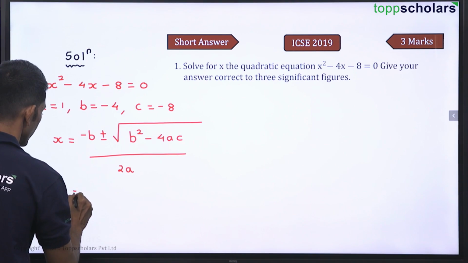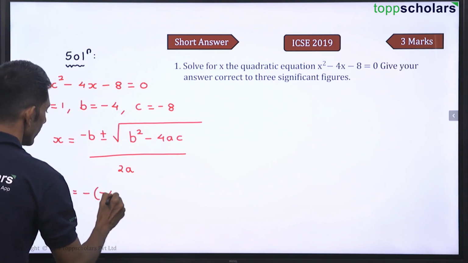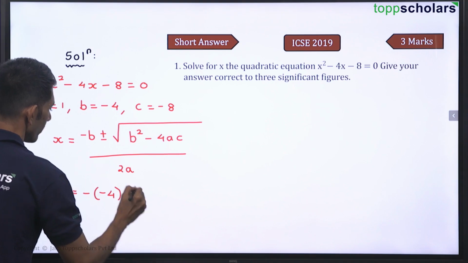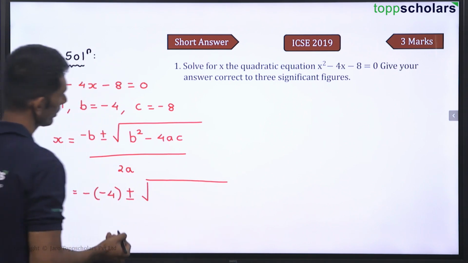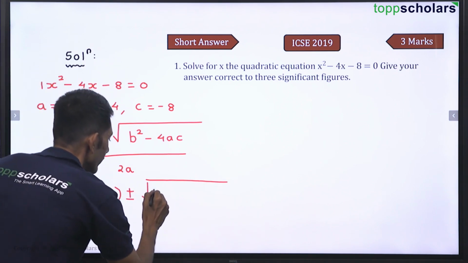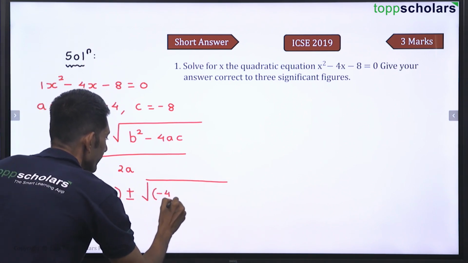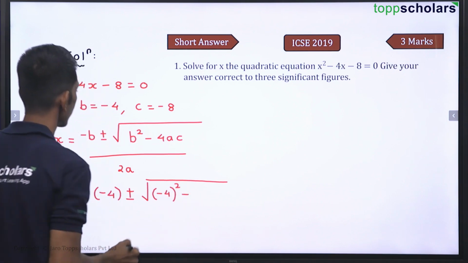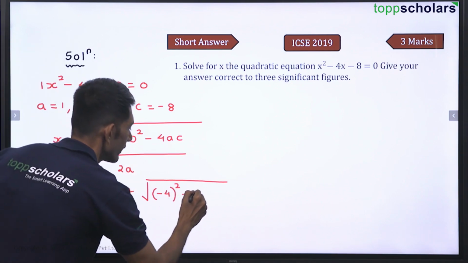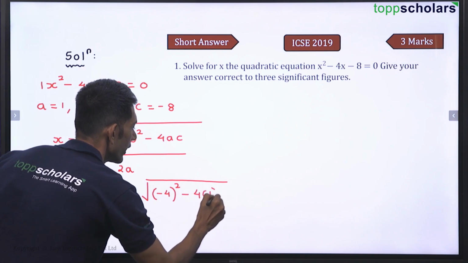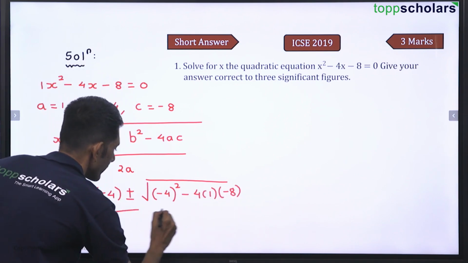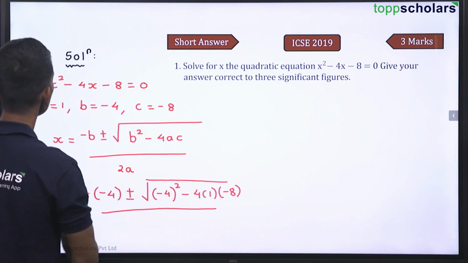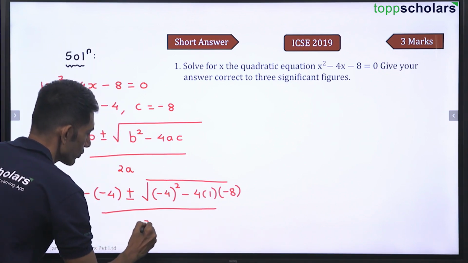So this is equal to minus of minus 4 plus or minus under root b square, that is minus 4 square, minus 4 into a into c, that is 4 into 1 into minus 8, the whole divided by 2a, that is 2 into 1, which is 2.